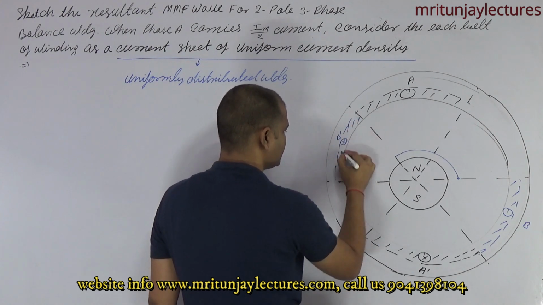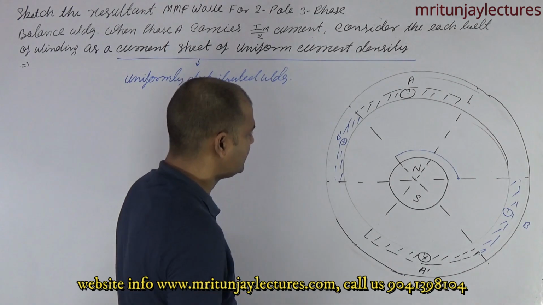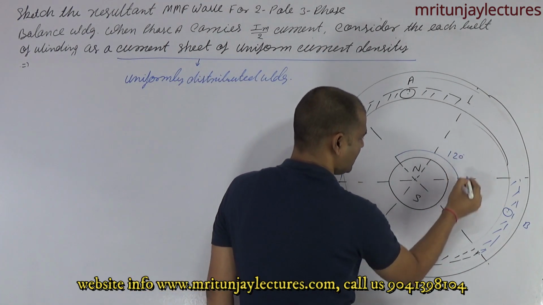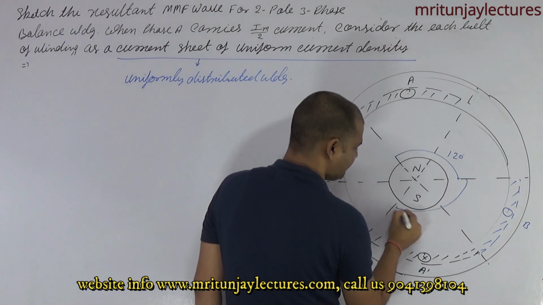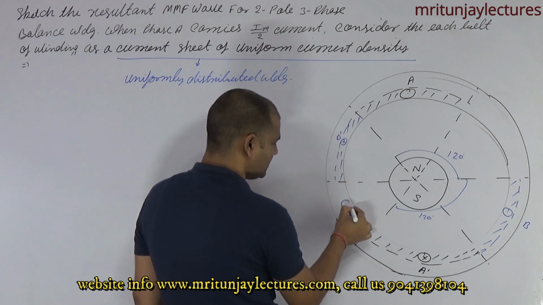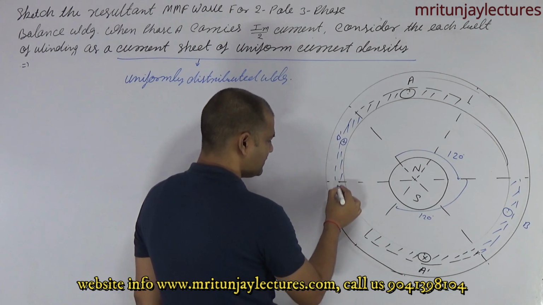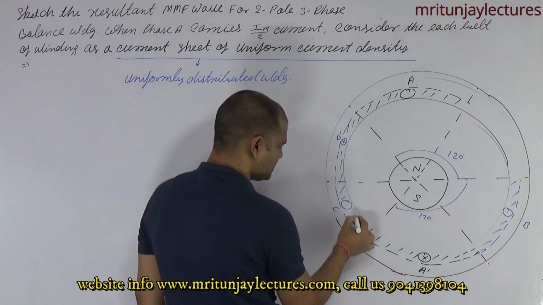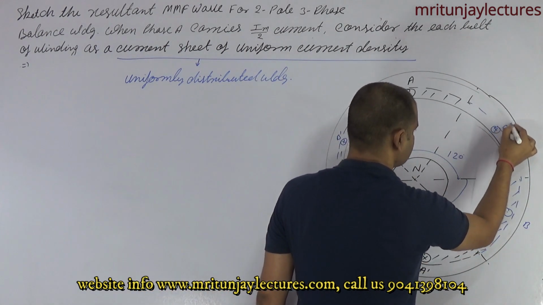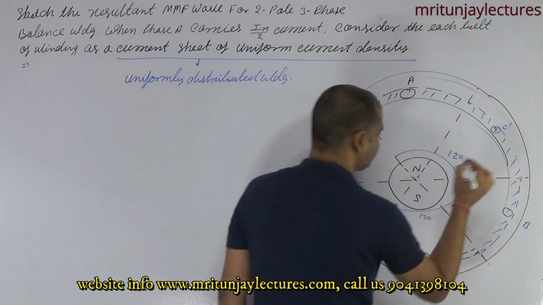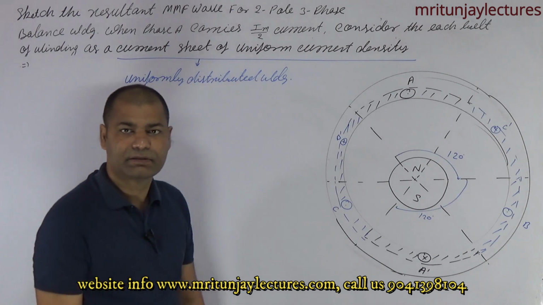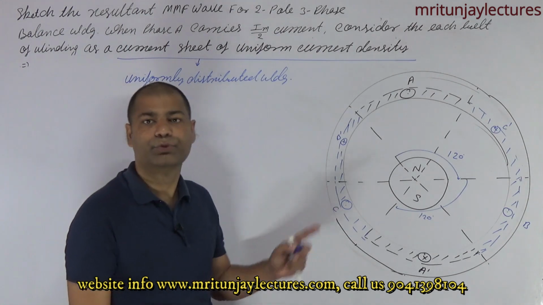Now that is 120. After 120, that is C, and this is also cross C dash. Okay, it is clear. This is a three-phase two-pole balanced winding.